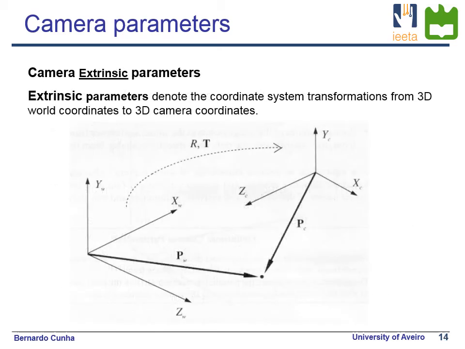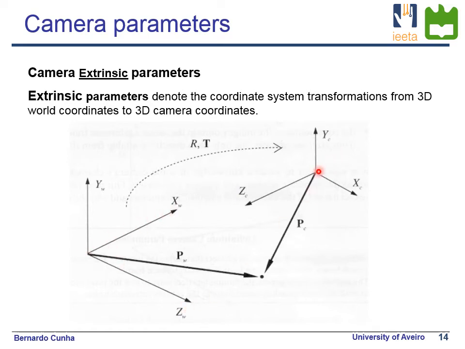The other set of parameters, as I said, are called the extrinsic parameters. Here you can see a coordinate system that represents the world coordinate system, and we assume that this point P is represented here in the world coordinate system by this vector, and here is the coordinate system that represents the plane of the sensor of our camera in relation to the coordinate system of the world.